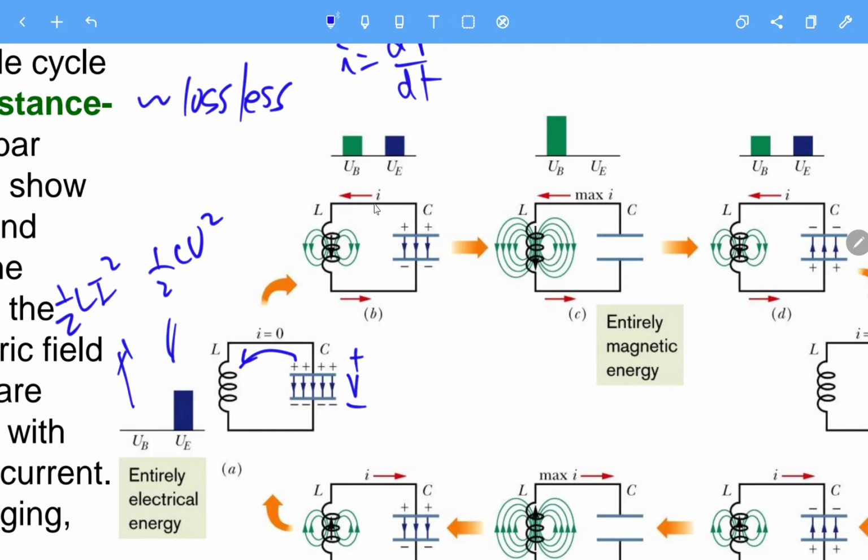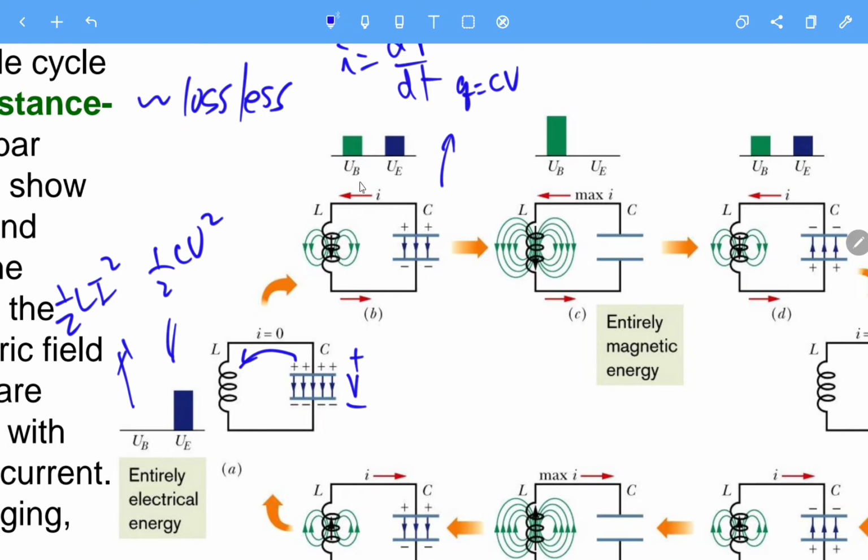And then, as there is current going through the inductor, there will be some magnetic field generated by this inductor. So here, you can imagine half of Li squared becomes a positive value, and half of CV squared becomes smaller, because V becomes smaller as there is less charge. If you still remember, Q equals CV. So if Q becomes smaller, V also becomes smaller. So UE is decreasing and UB is increasing.